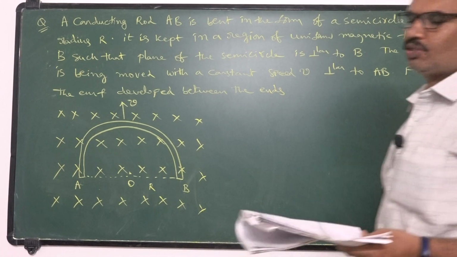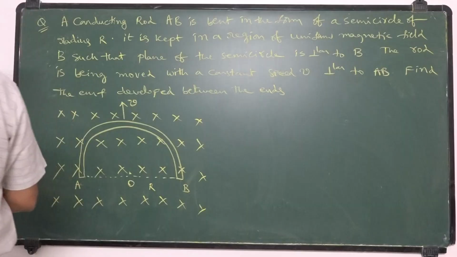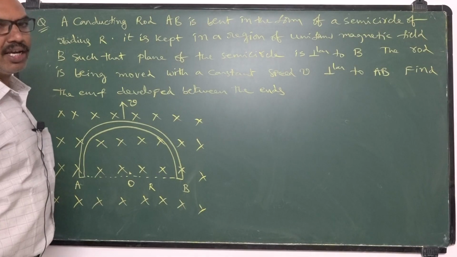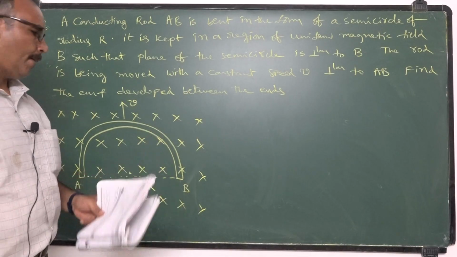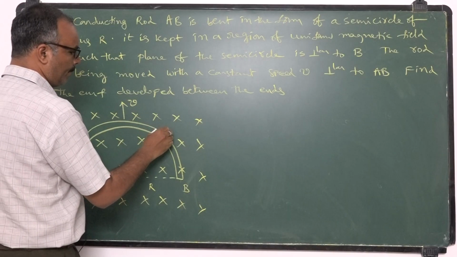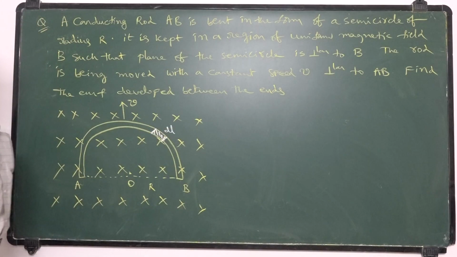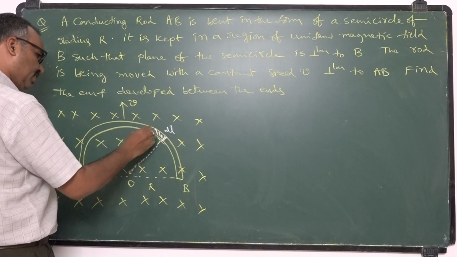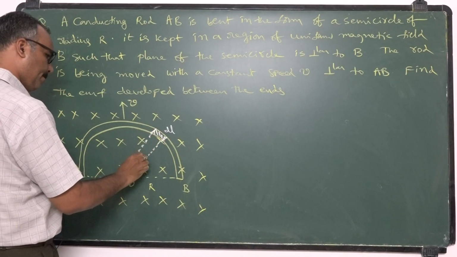In order to solve this question, we never studied curved elements moving in a magnetic field. That's why let me take a small differential element of the rod of length dl. This dl is making some angle d phi.